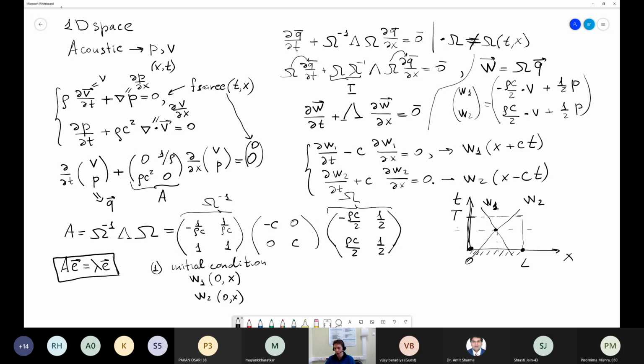So a single initial condition is necessary. For example, for steady state with the absence of stresses and velocity and movement of particles of the medium, we can set V equal to 0 and P equal to 0. That's why both components of the vector W will be equal to 0.